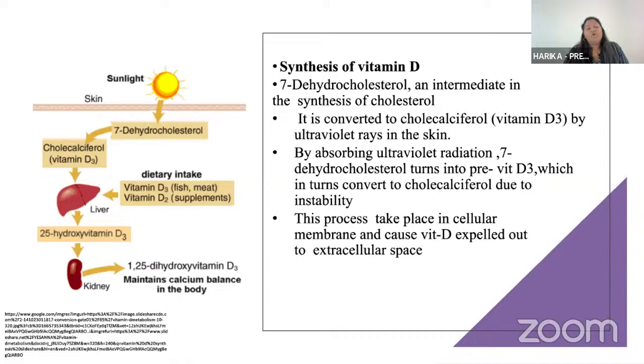Because pre-vitamin D3 is unstable, it ultimately has to convert into cholecalciferol. This conversion occurs in the cellular membrane, and the vitamin D formed there gets expelled out into the extracellular space.